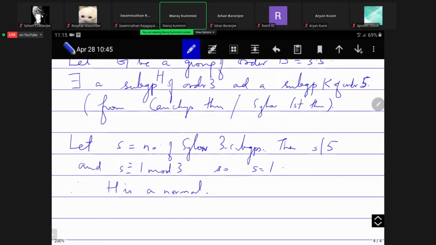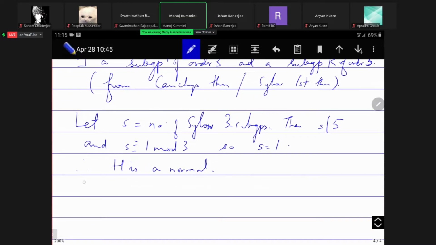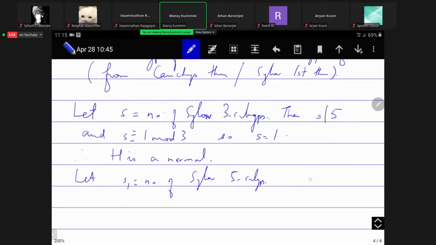Okay. So similarly, let S1 be the number of Sylow 5 subgroups. Then S1 divides 3, and S1 is congruent to 1 mod 5.